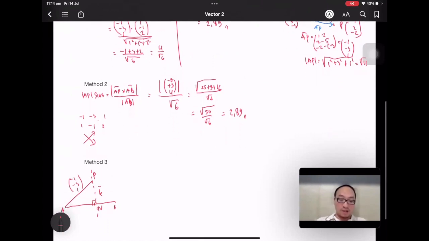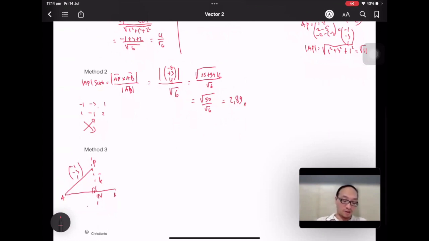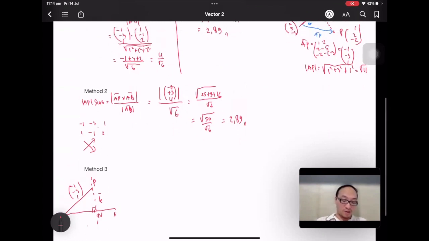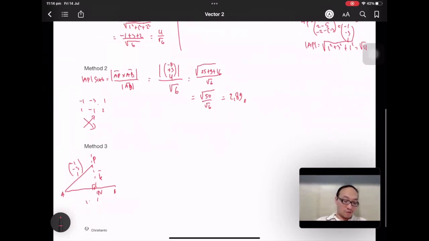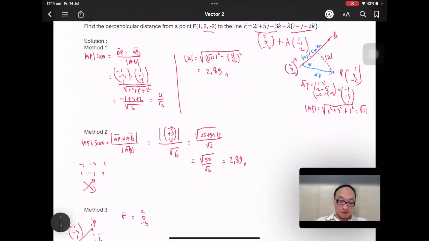AB is 1, -1, 2. So the equation of AB is 2, 5, -3 plus lambda 1, -1, 2.